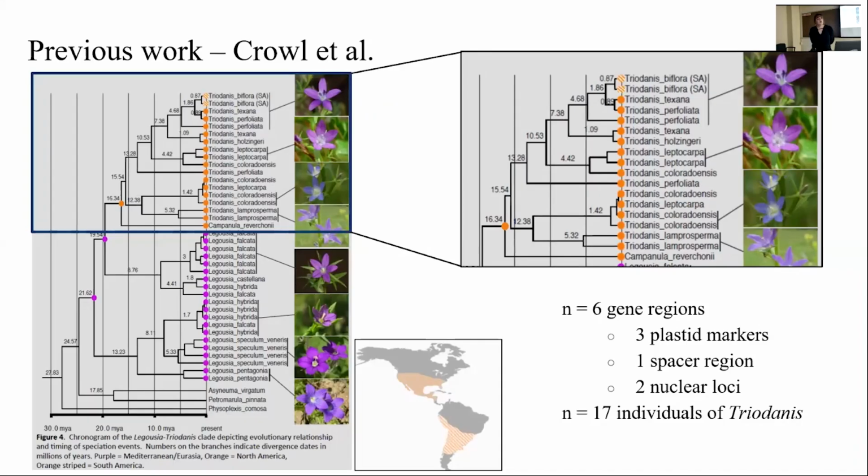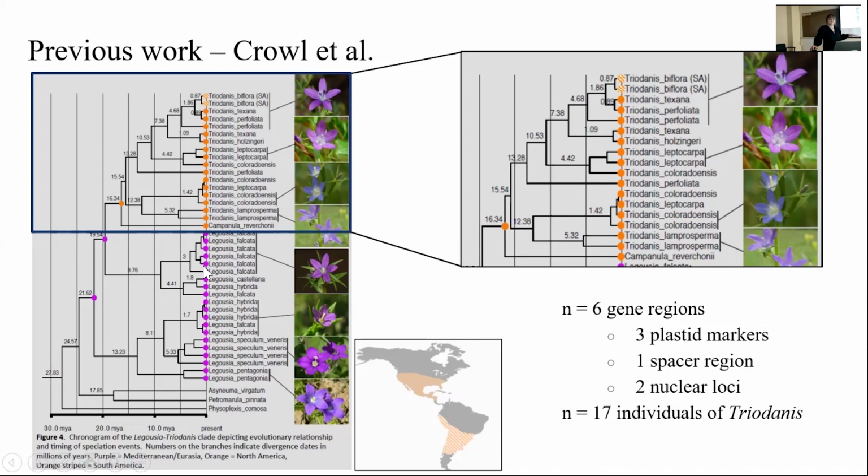And then previous work by Crowell et al., he was looking at the phylogenetic relationships within Triodanis and sampling across 17 individuals and 6 gene regions, created this maximum likelihood tree you can see here.